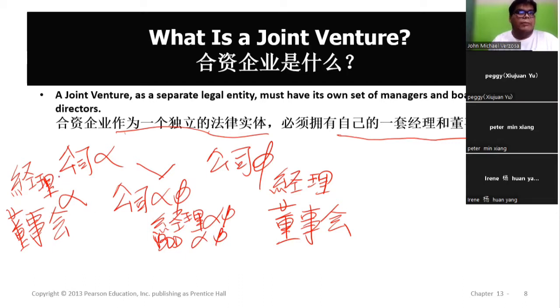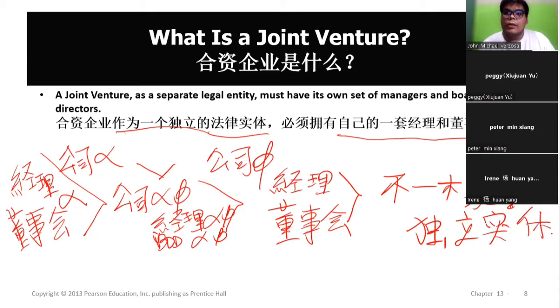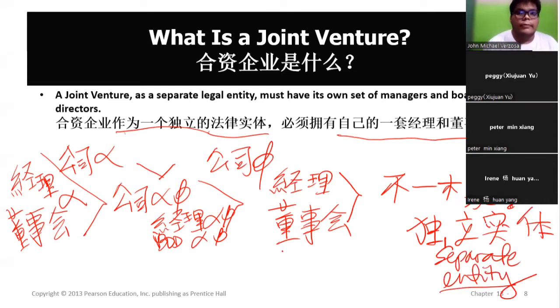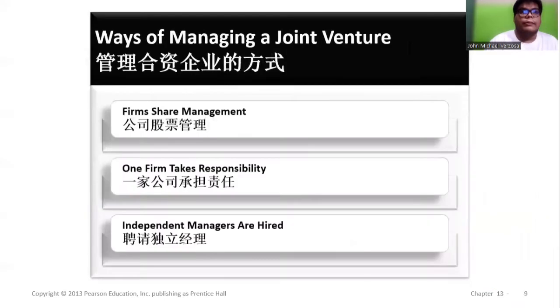Their managers and board of directors are different from the parent companies. It is an independent entity. So that is a joint venture.